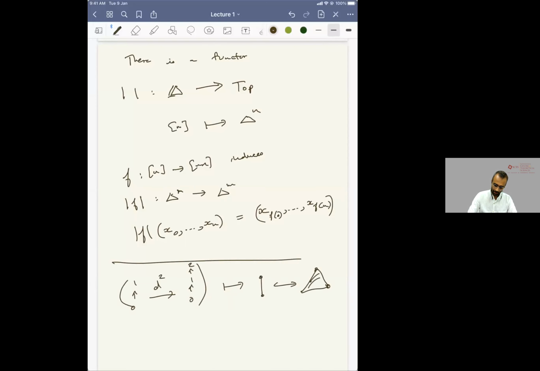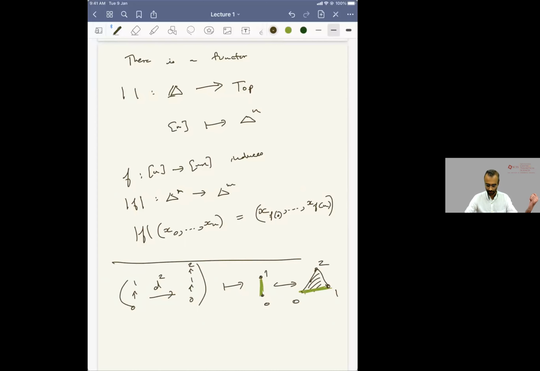This is just the inclusion of the simplex as this face, where this is 0, this is 1, and this is 2. This is 0, and this is 1. Right? So each map in the category Delta gives me a map of topological spaces, and this map is covariant.